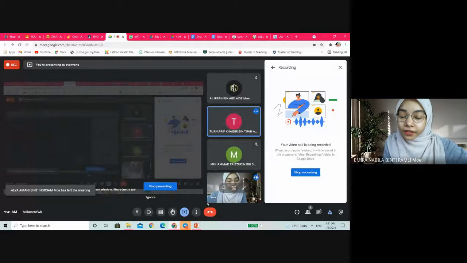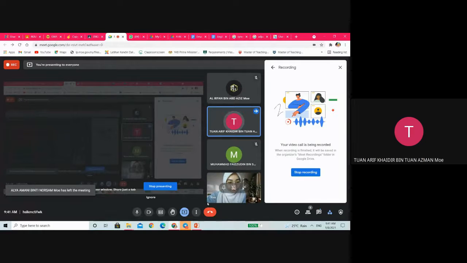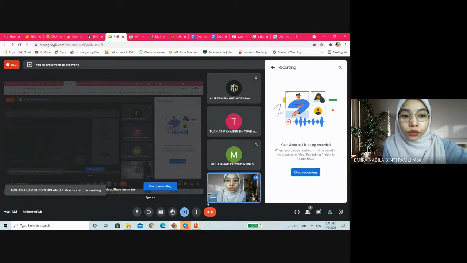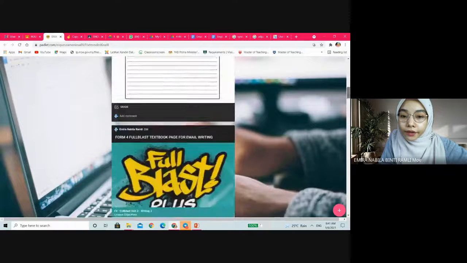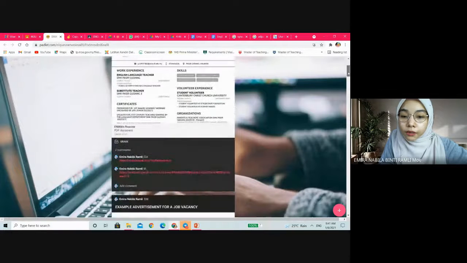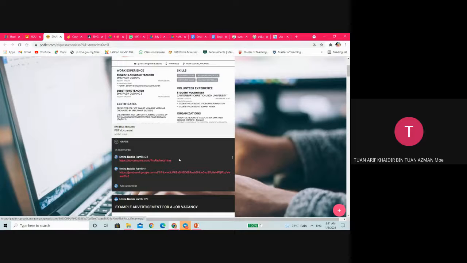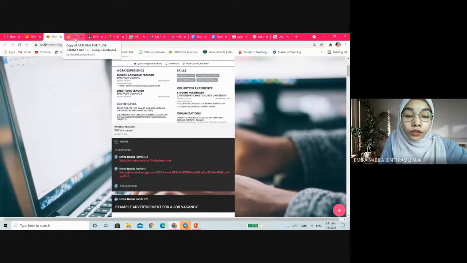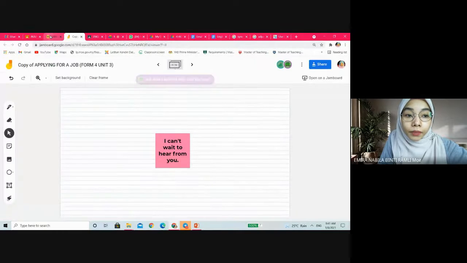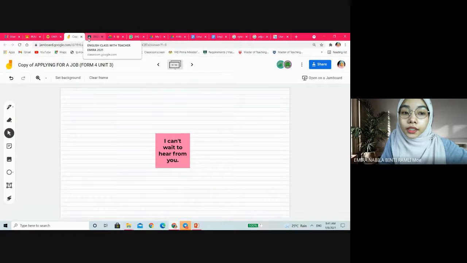Teacher, tadi saya tak boleh masuk Jamboard. Macam nak masuk Jamboard tadi? Google Jamboard tadi, you go to the Padlet. Ni. Padlet ni. And then I have inserted the link bawah resume. Kat Padlet je ada teacher. Okay, saya bagi link. Nak buka Padlet macam mana? Everything ada dekat ni.